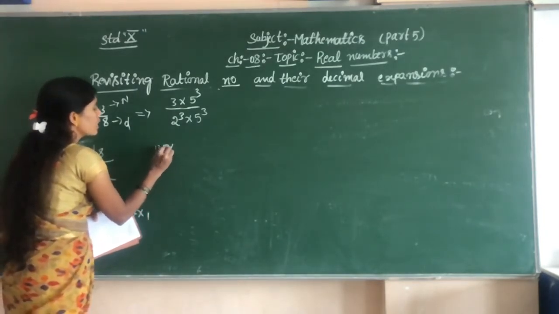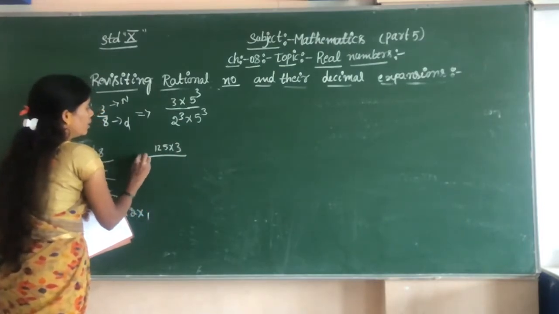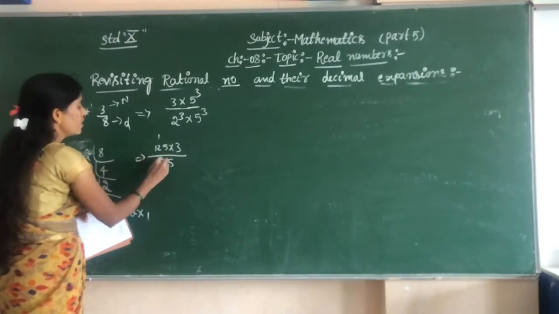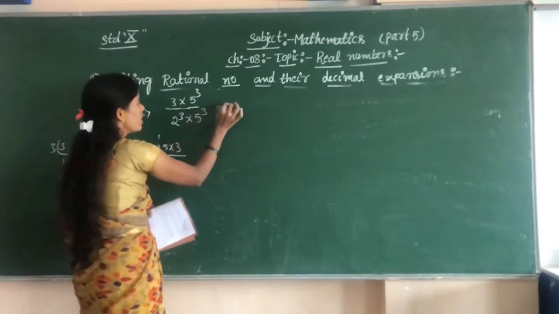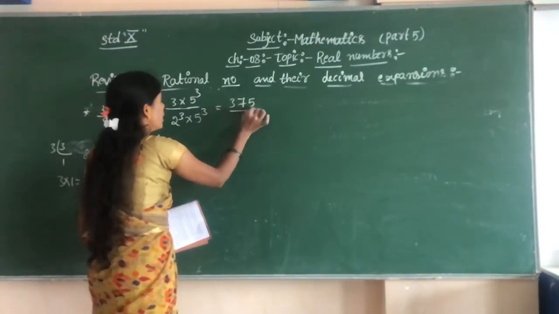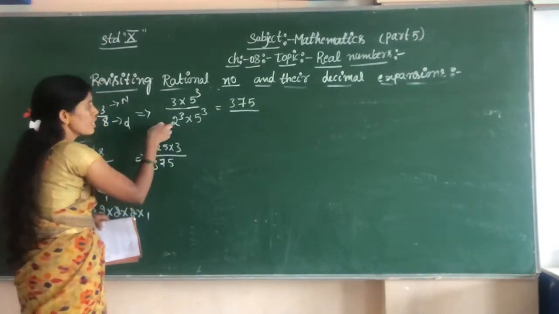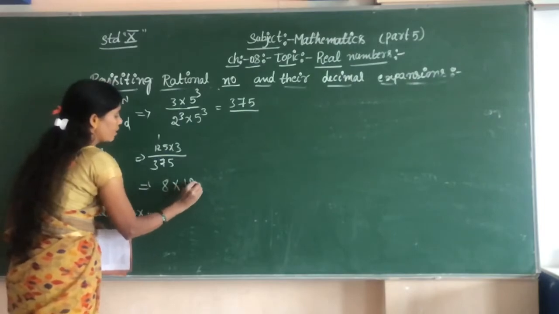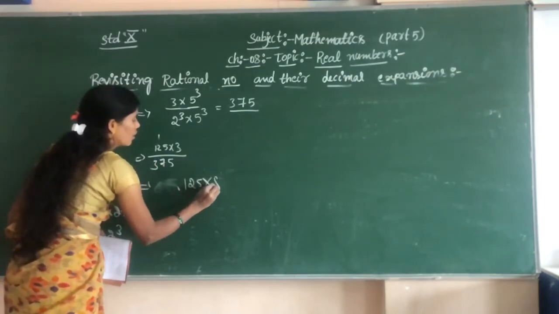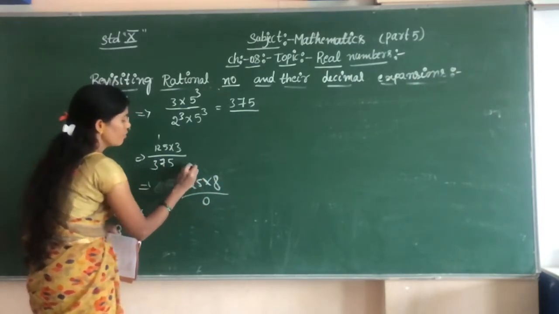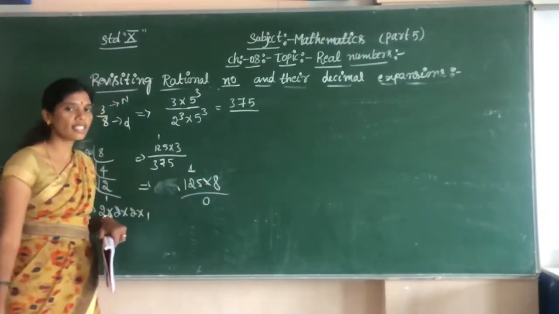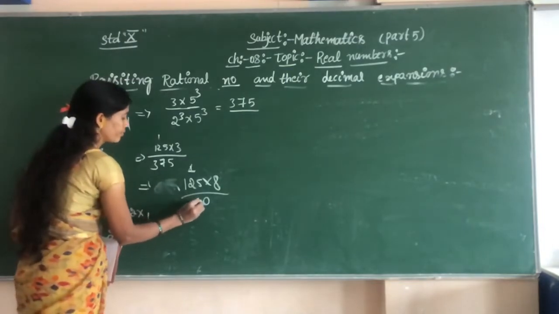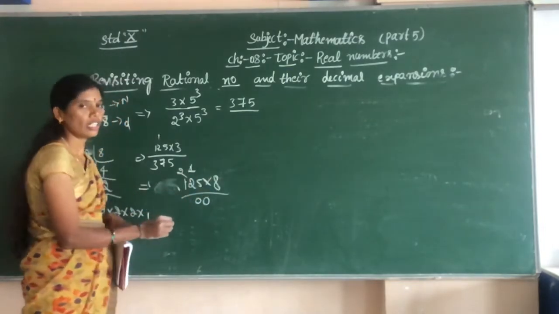Multiply 125 into 3: 3 fives are 15, 3 twos are 6, 6 plus 1 is 7, 3 ones are 3. What is that? 375. In the denominator, 2 twos are 4, 4 twos are 8. This is 125. 8 fives are 40, 8 twos are 16, 16 plus 4 is 20, 8 ones are 8.